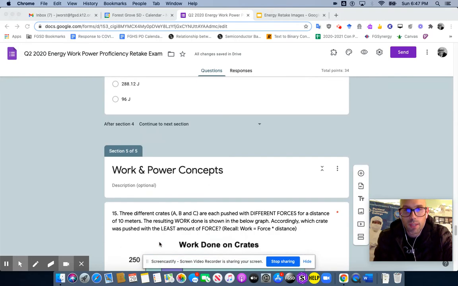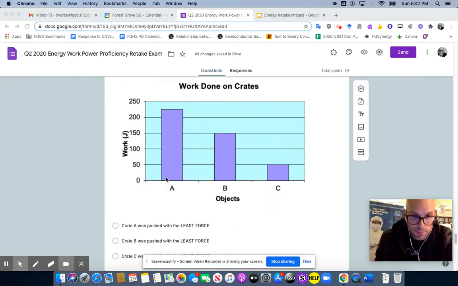No, okay. So crate A, 225 joules, okay? Right up here. Crate B, the work used to push crate B 10 meters was 150 joules.